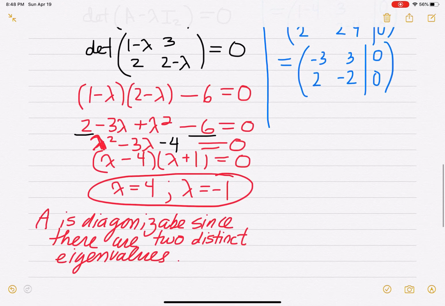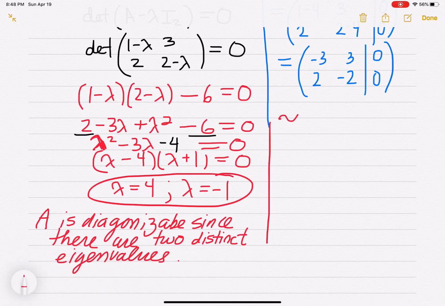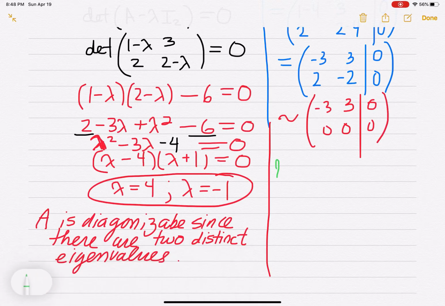I can multiply the top row by 2 and the bottom row by 3 and add those together. Things are going to cancel. This row reduces to negative 3, 3, 0, 0, and then zeros on the right. So when I'm looking at a general solution of this, the second column is a non-pivot column, so x2 is free.